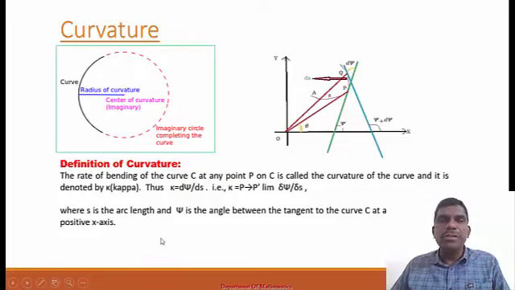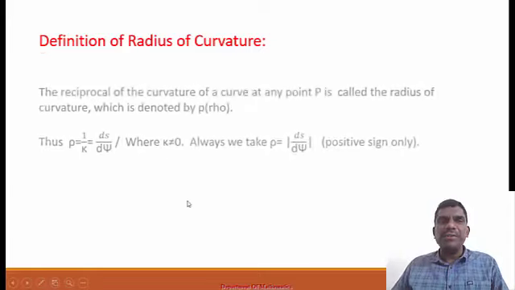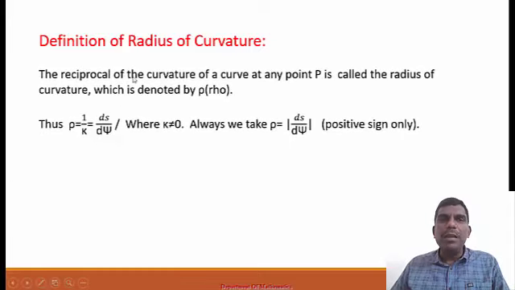Based on this curvature, we can define the radius of curvature like this. The radius of curvature is the reciprocal of the curvature of the curve at any point P, and it is denoted by rho.